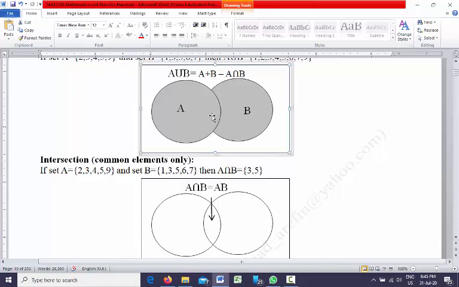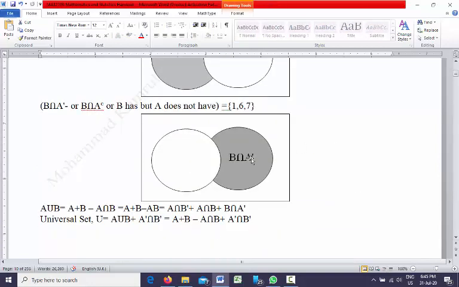That means A union B is the shaded area, and the area outside the circle, the white portion, is the total area occupied by the rectangle. That is the universal set.